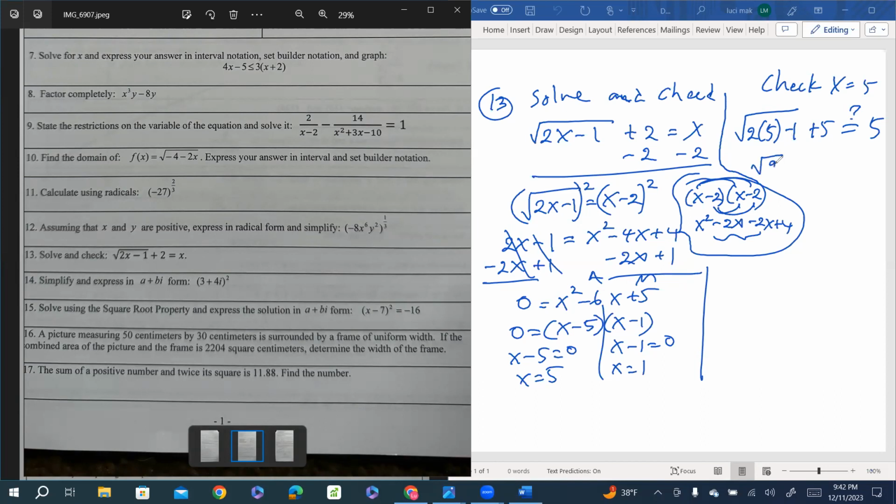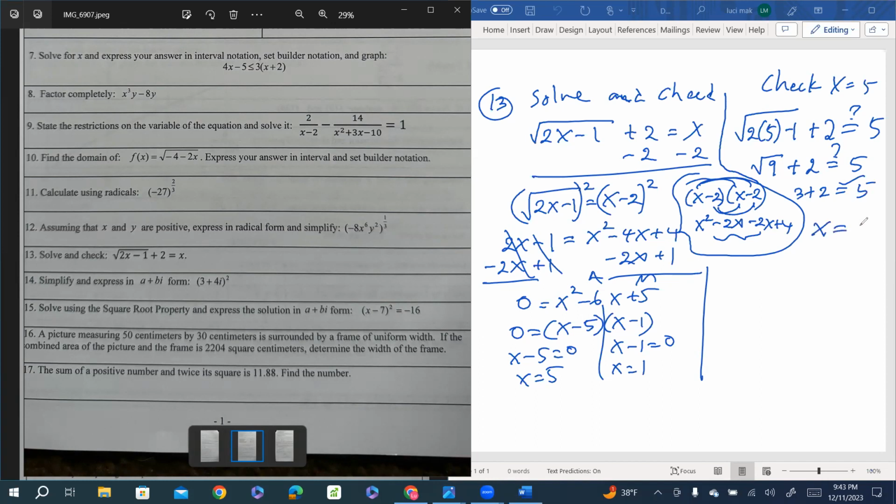So the square root of 9 plus 2. So many mistakes here. Let me erase this one more time. This was a 2 here. I don't know why I wrote a 5. I excuse myself. Okay, so plus 2, is that really 5? The square root of 9 is 3, so 3 plus 2 is 5. So the first check is good.